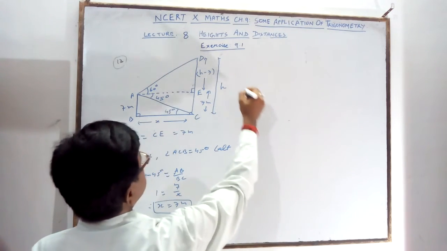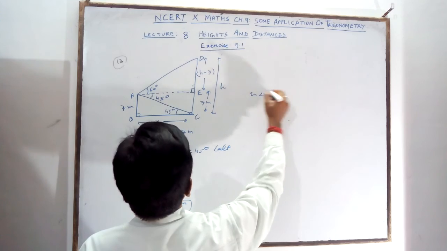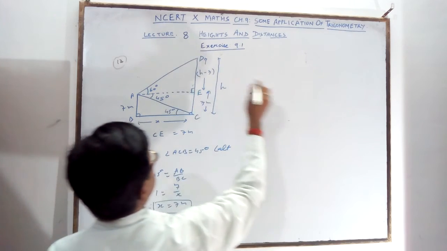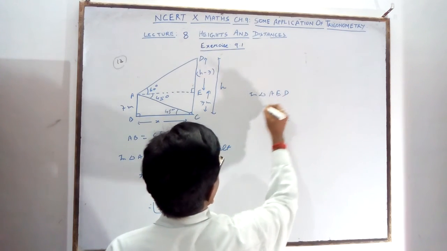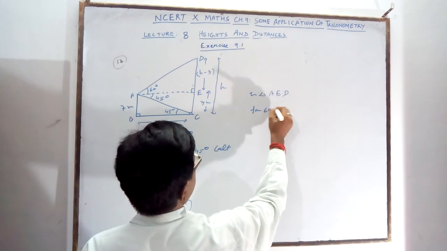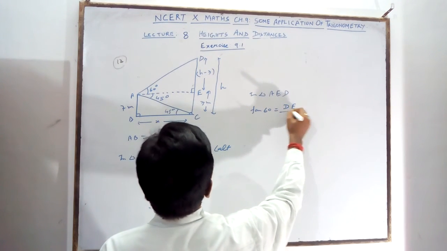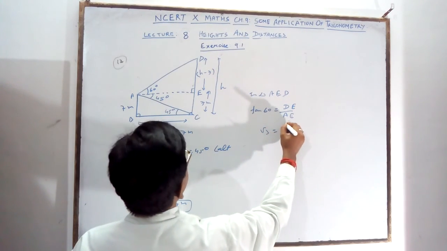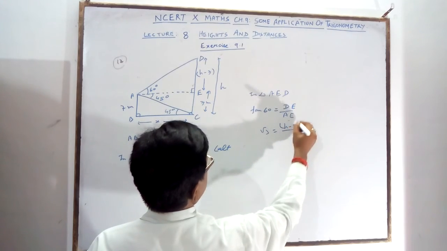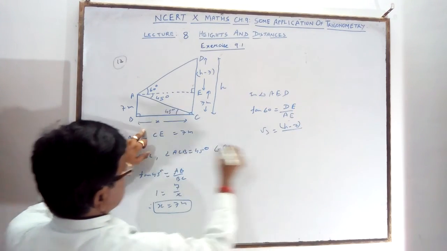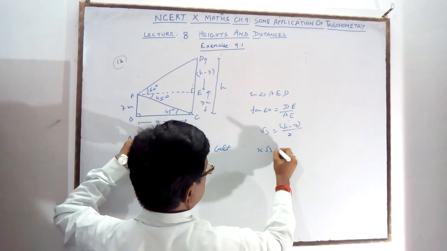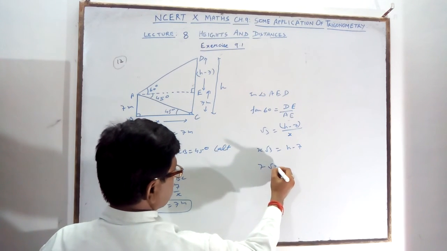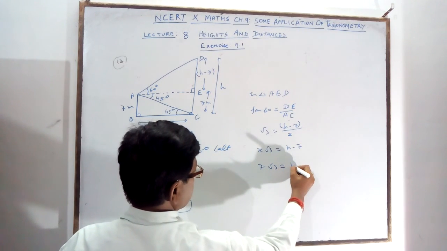Now in triangle AED, this is not this triangle, you will not take AED. tan 60 is equal to DE upon AE, P upon B. So tan 60 is root 3, DE is H minus 7 upon AE, you have found X. So X root 3 is equal to H minus 7, and X is 7. 7 root 3 is equal to H minus 7.